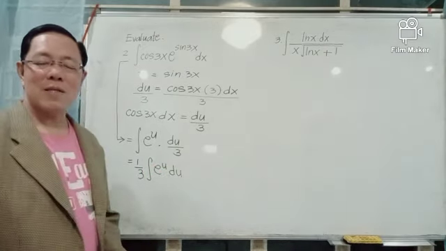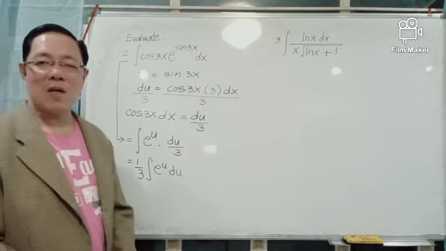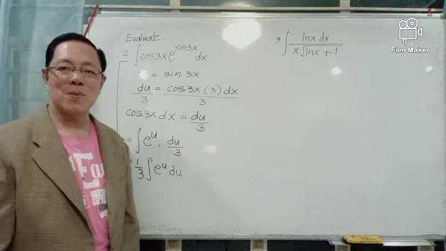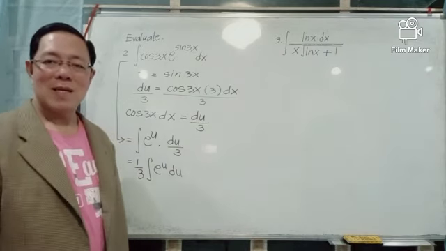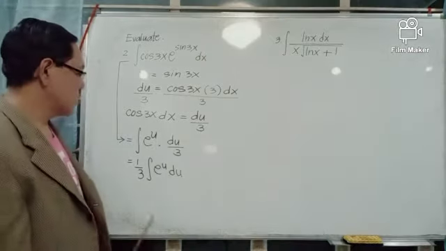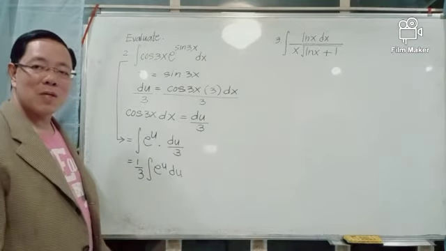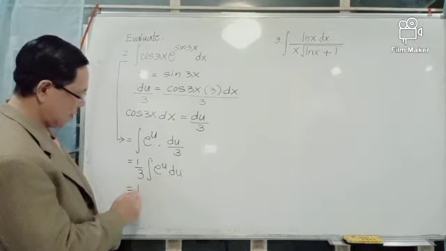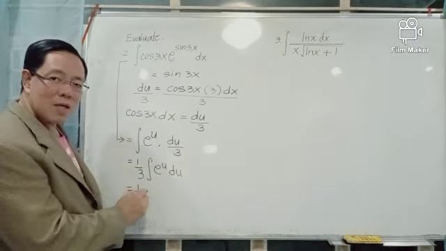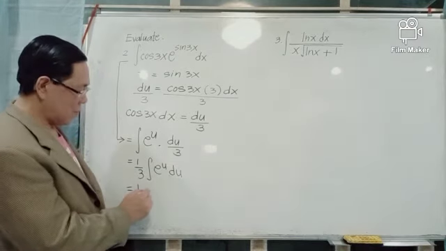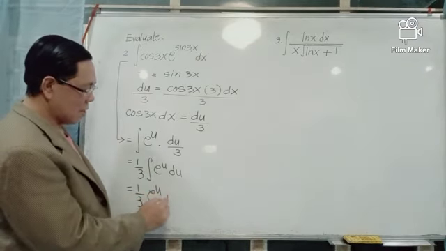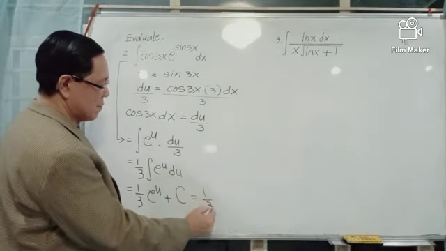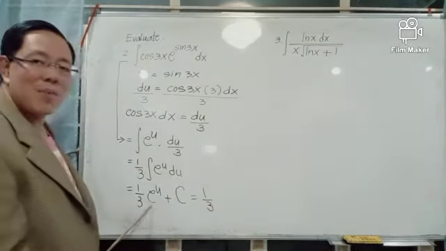And we said earlier that the integral of the exponential function e raised to some variable is equal to that same function e raised to that variable. Hence, the integral of e to the u is e to the u. We have 1/3 times the integral of e to the u is e to the u plus a constant of integration c, or 1/3 multiplied by e.